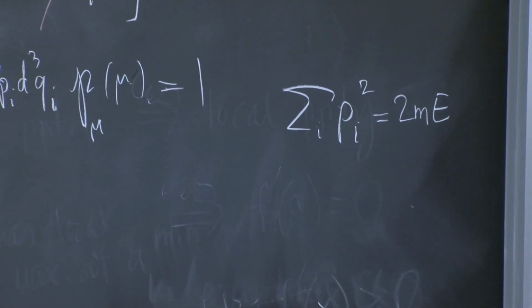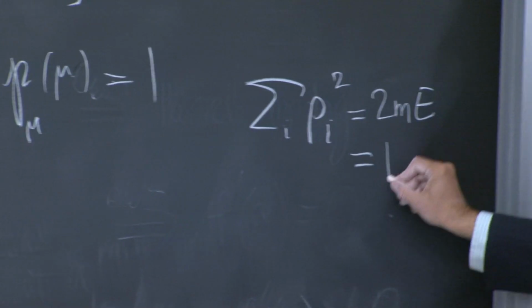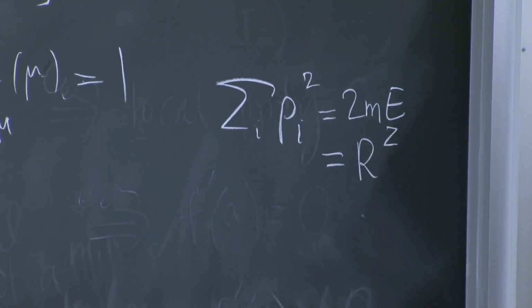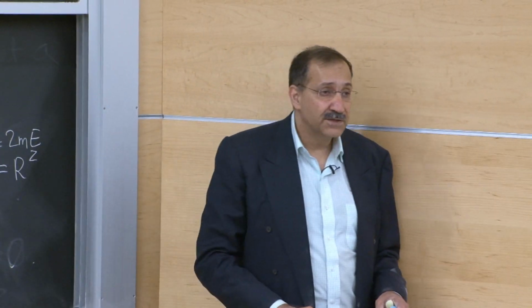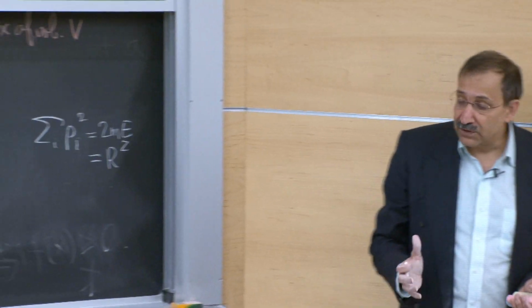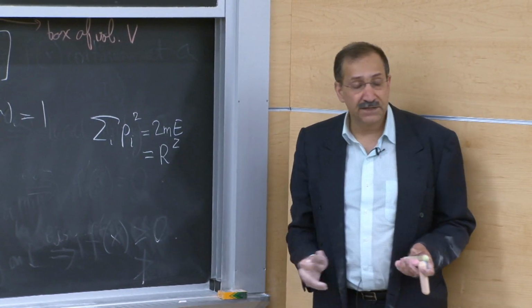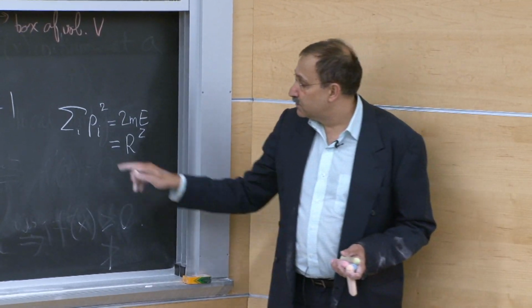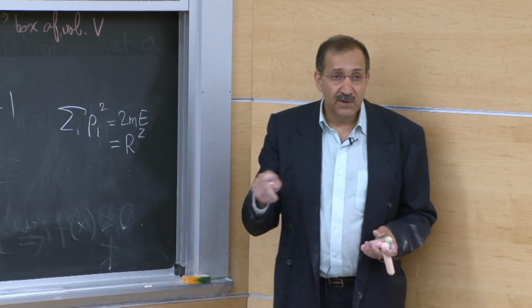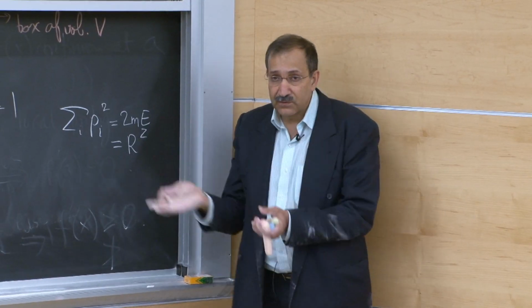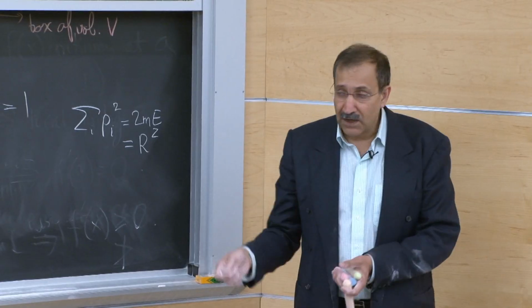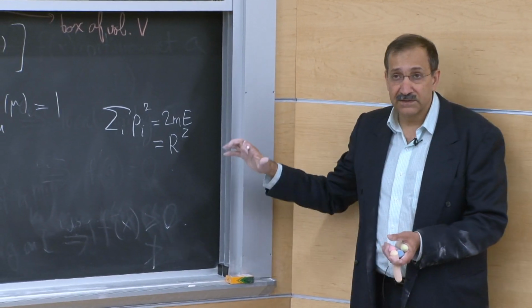And if I regard this 2mE as something like r squared, like a radius squared, you can see that this is like the equation that you would have for the generalization of a sphere in 3N dimensions. Because if I had just x squared plus y squared is r squared, that is a circle, x squared plus y squared plus z squared is r squared is a sphere.